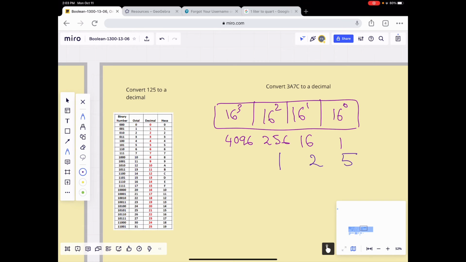So you write out 1 times 256 plus 2 times 16 plus 5 times 1. And adding all together, the answer is 293 decimal number.